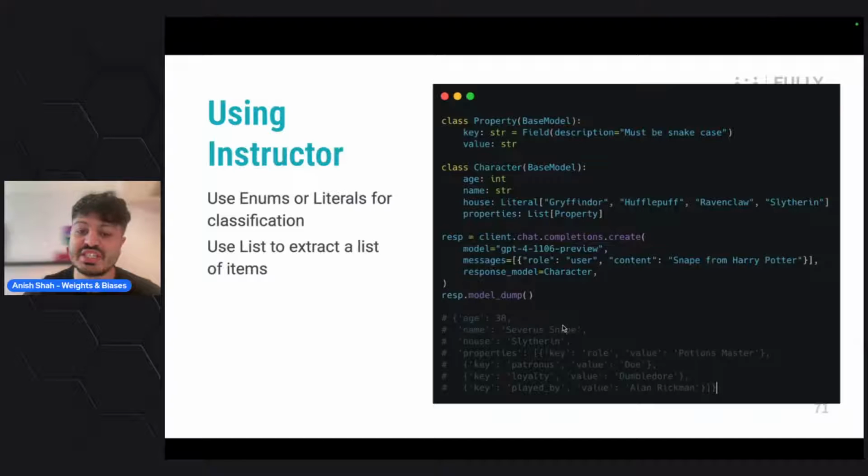All of this information is passed to the large language model so that all of these restrictions that we place in are followed by the large language model. And if any failures occur, Instructor re-hits the model and runs validation to ensure that it matches this. So let's say it didn't say Hufflepuff, it made up a new house. Behind the scenes, Instructor raises that error and says, no, let's try again. Let's ensure that this is the literal answer that you're providing.